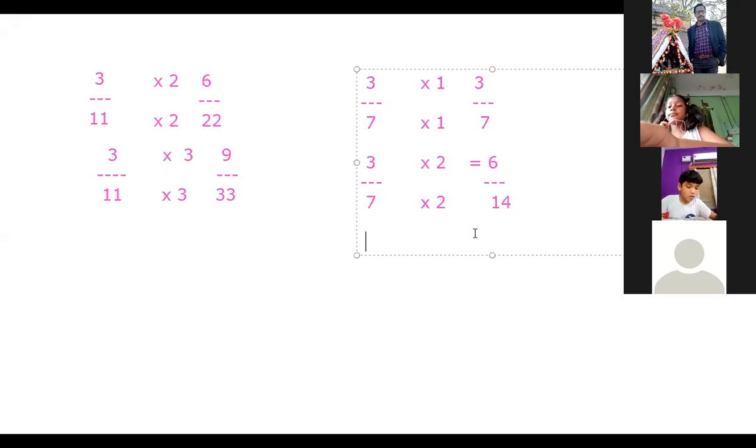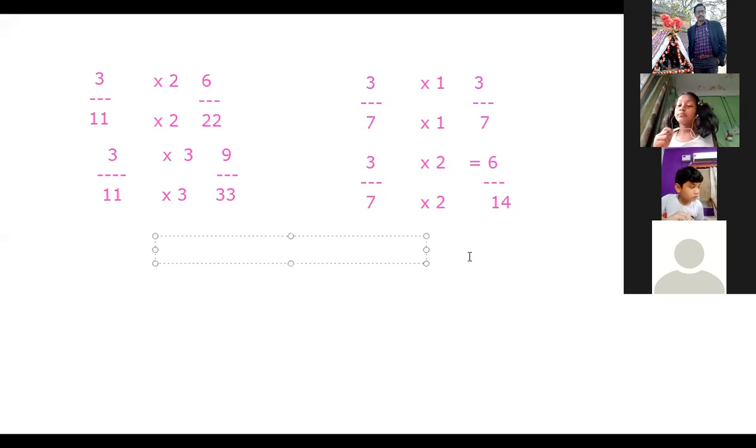Now let's move to question number 2. Question number 2 is written: 4 by 7 equal to dash by 14. First, I don't want the answers. I will show you how I will get it.